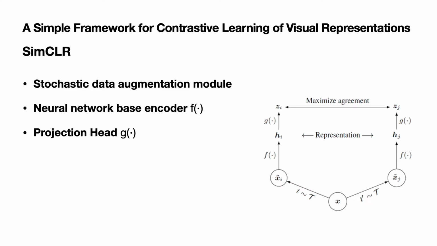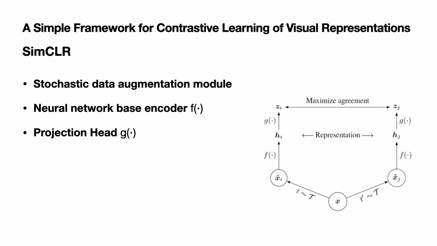Two separate data augmentation operators, T and T prime, are sampled from the same family of augmentations. A neural network-based encoder, F, extracts representation vectors from augmented data examples. In this paper, ResNet is chosen for function F to obtain H.